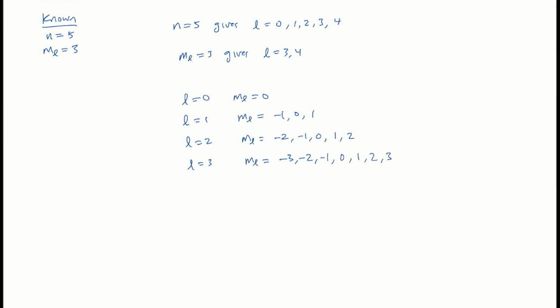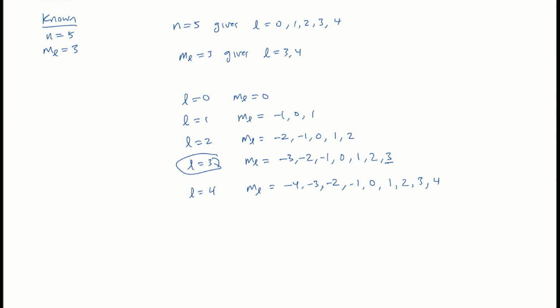So we know m sub L is 3, so there's one of our L's. And all these work for n is 5. And then if L is 4, m sub L is minus 4, minus 3, minus 2, minus 1, 0, 1, 2, 3, and 4.